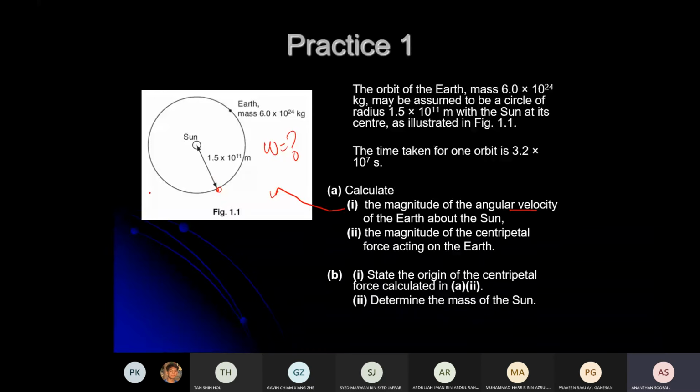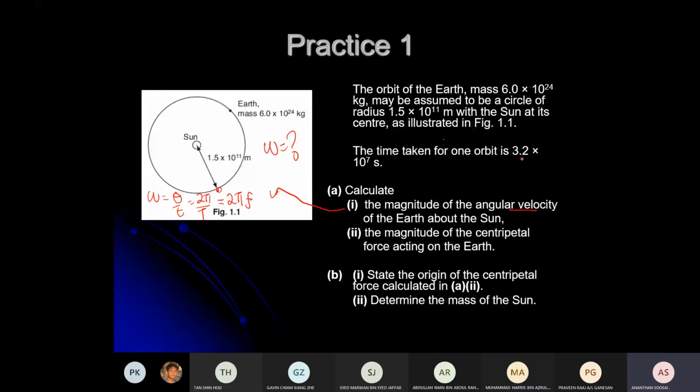What is the omega formula? 3 omega formulas you learned. Omega is theta over time. Another 2 important ones: 2 pi over period. Then the third formula is 2 pi f.